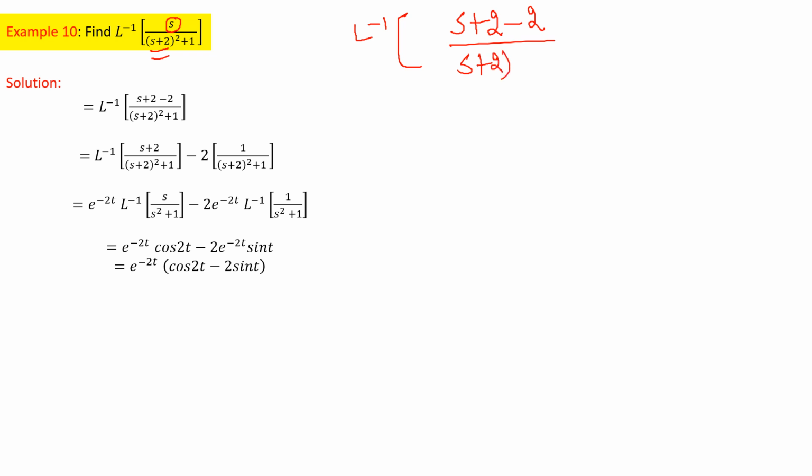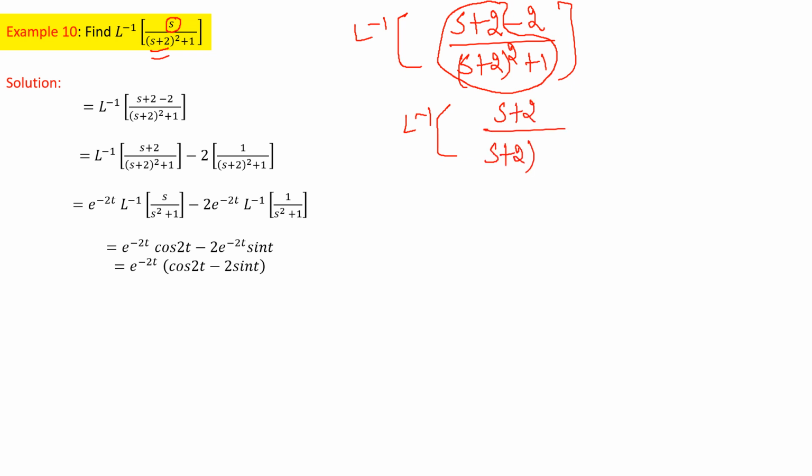Then I am keeping the denominator as it is. Okay, now the next one will be L inverse of, we will write this as our first term. So we have s plus 2 upon s plus 2 the whole squared plus 1 plus L inverse of the remaining term. What we have remaining, minus 2 upon s plus 2 the whole squared plus 1.